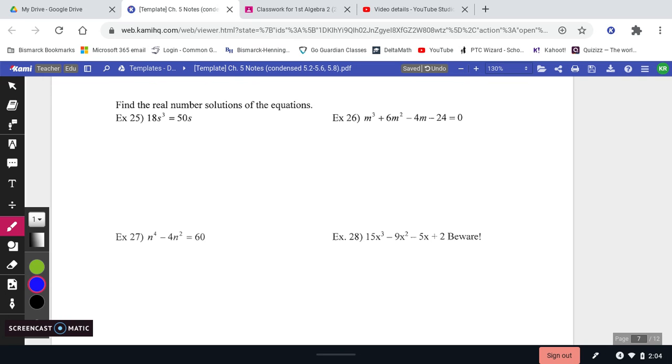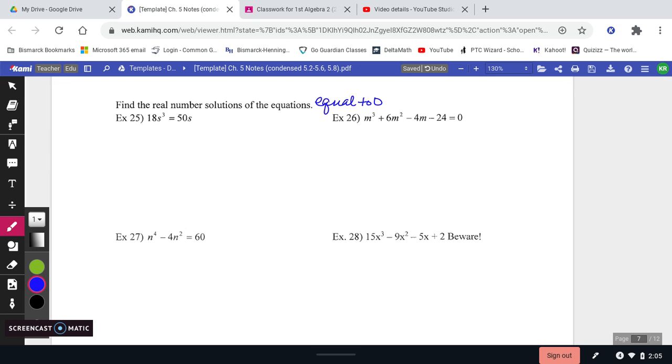Now these are solving, but it's the same thing. We're going to start with factoring, and then once we're factored, then we can solve. However, remember, if you're going to solve, you want to have your equations equal to 0. So 26 is equal to 0, but these others are not.